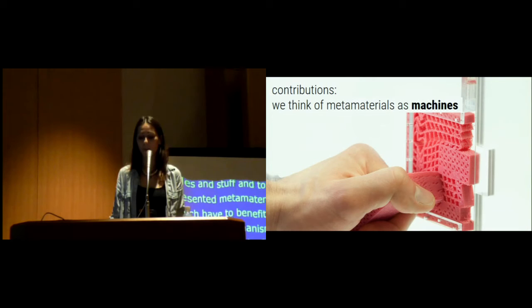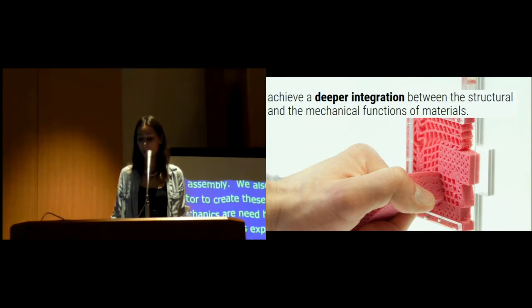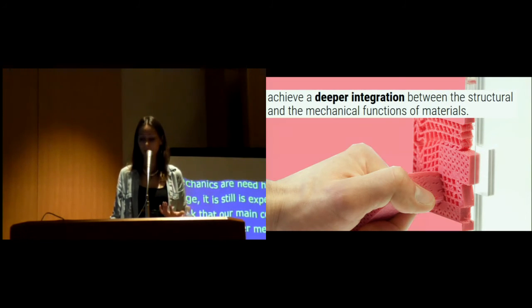But we think that our main contribution is that we don't consider metamaterials as materials anymore, but we think of them as machines. And the main promise of this work is that it allows us to achieve a deeper integration between the structural and the mechanical functions of materials.